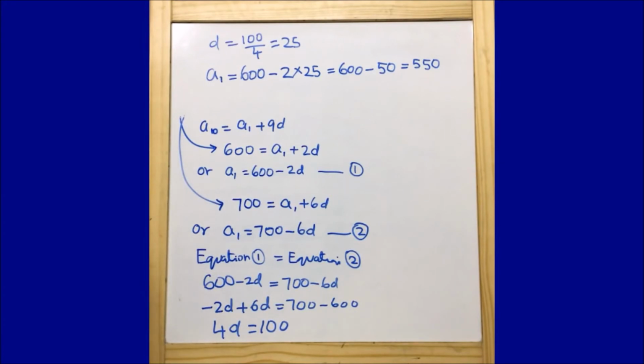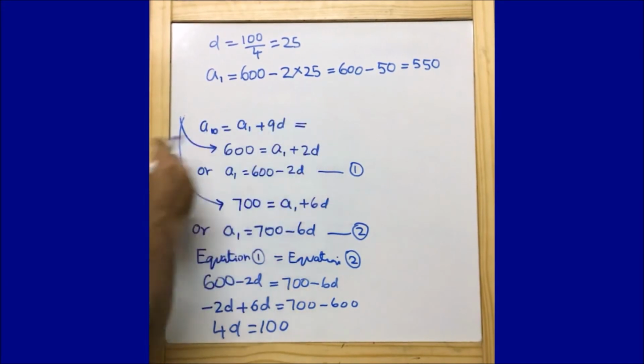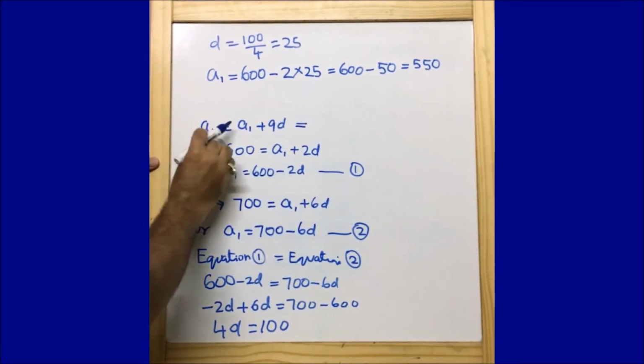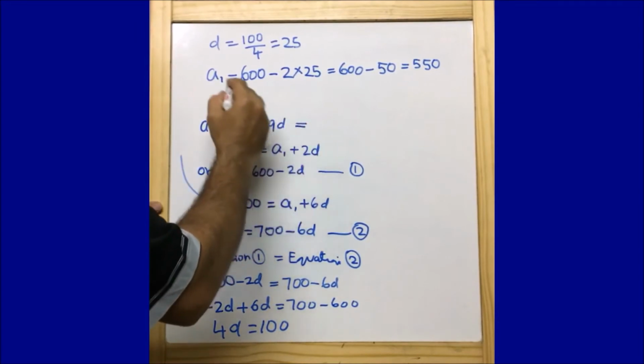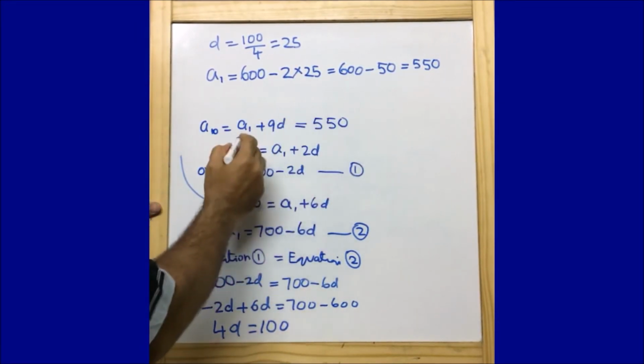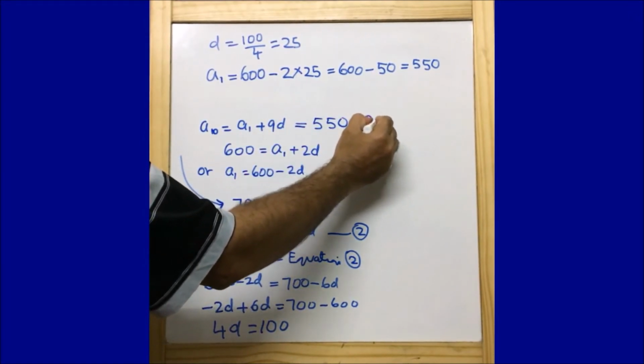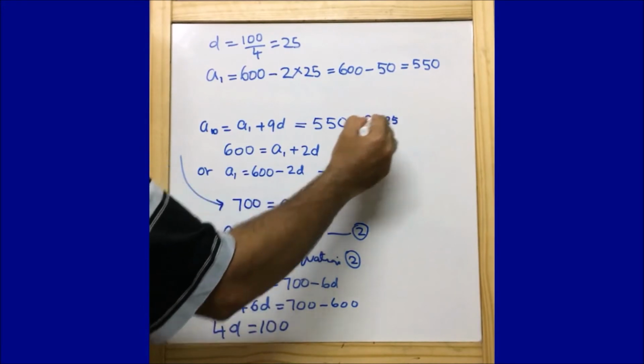Now it would be easy for us to find out the value of a10. Our equation for a10 is a1 plus 9d. I can write here a10 is equal to a1, a1 is 550, plus 9 into 25.